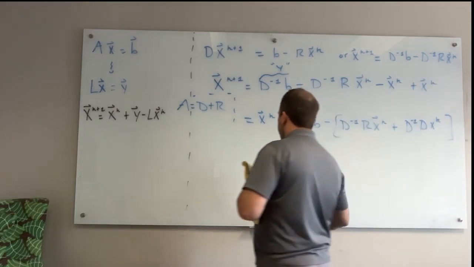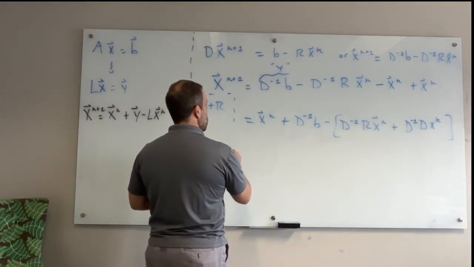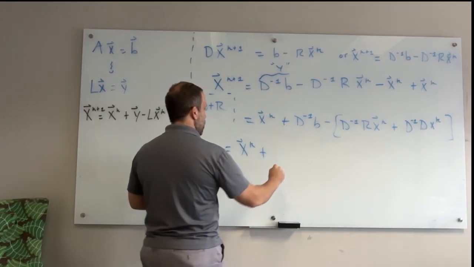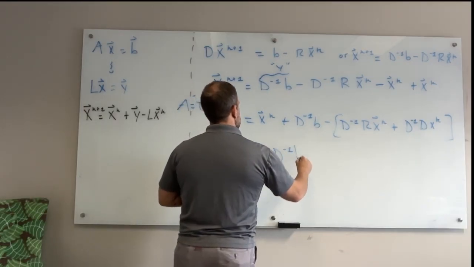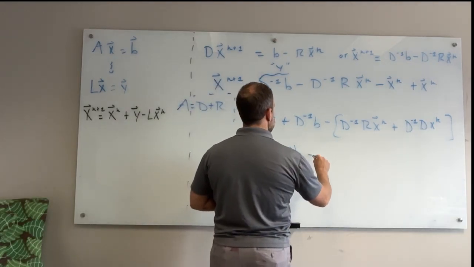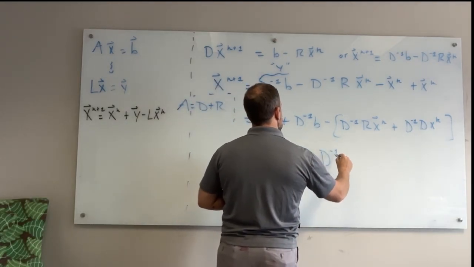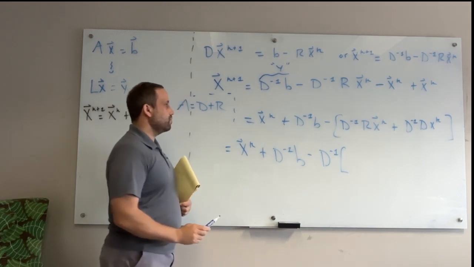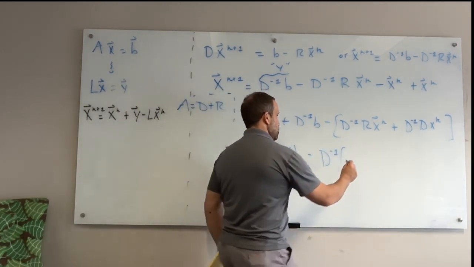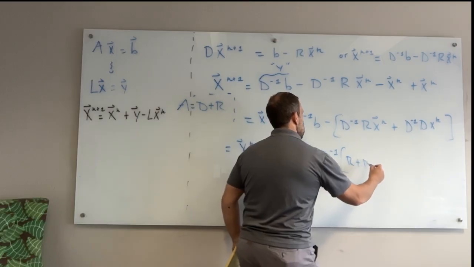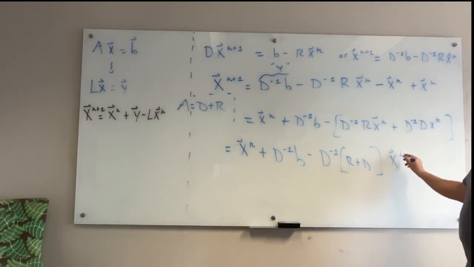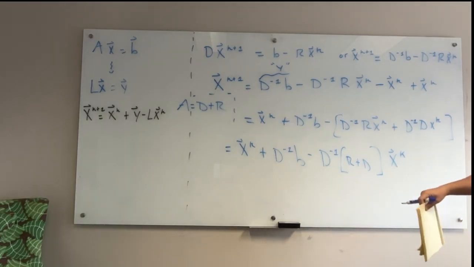And when I do that, I'm going to get x_k plus D inverse b, and then minus D inverse. And now on the inside, I'm going to have R plus D, like this, and then x_k over here.